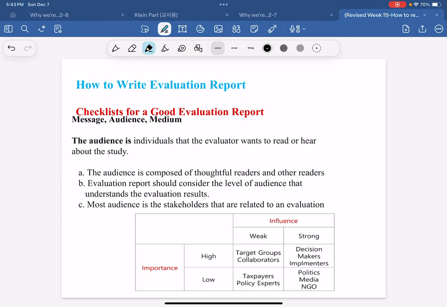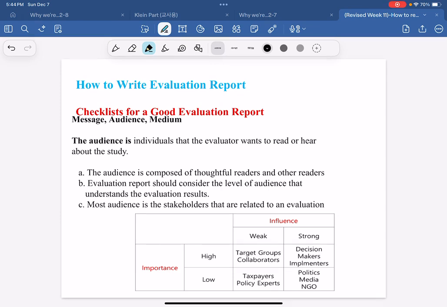And according to the audiences, the evaluation report should be written differently, but in most cases, the target audiences are the key stakeholders, decision makers and implementers, because they are highly influenced by evaluation, also because they are very important stakeholders who decide the content of policy.